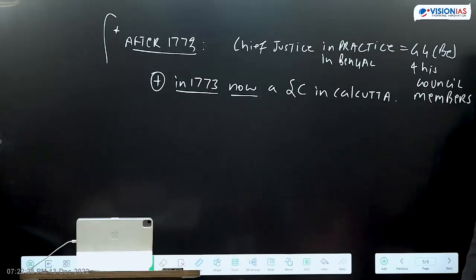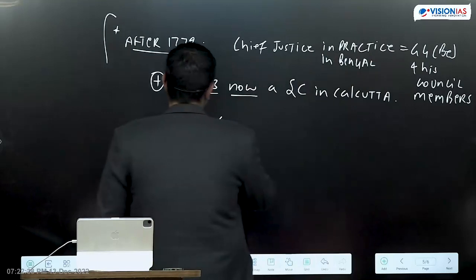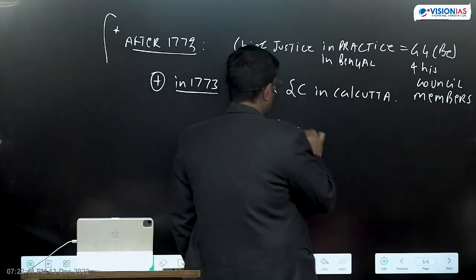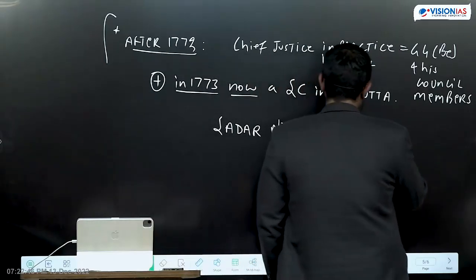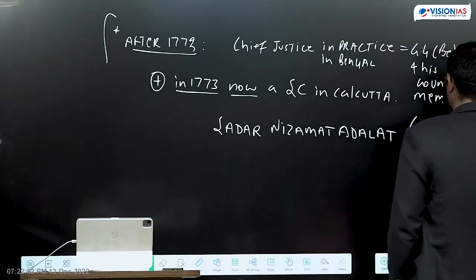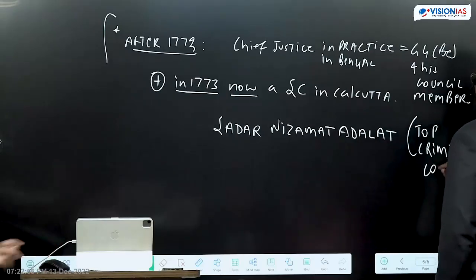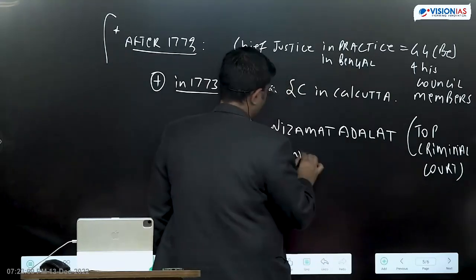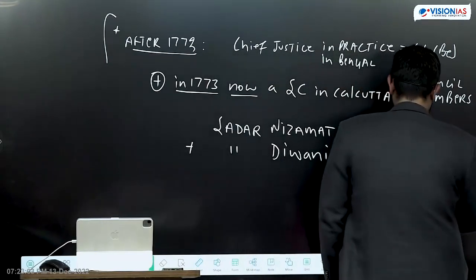And Calcutta High Court is equal to SC at Calcutta plus Sadar Nizamat Adalat, it was a top criminal court, plus Sadar Diwani Adalat, it was a top civil court.